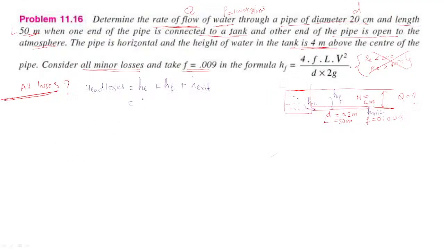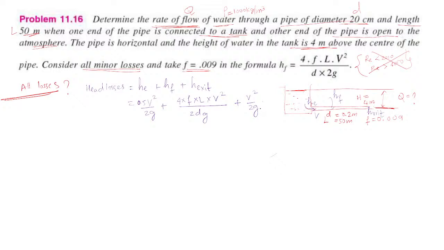So you can simply write over here: entrance is 0.5, there is only one V, the velocity inside the pipe. Let me write V. 0.5 V square by 2g, plus here we have 4 into F value into L into V square by 2dg, plus exit is V square by 2g.